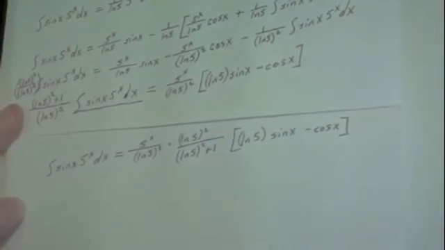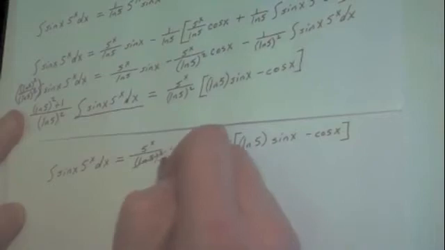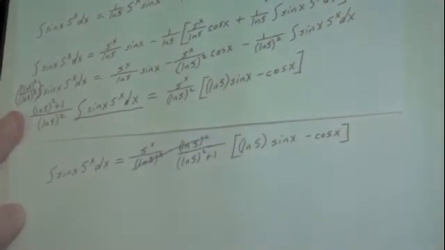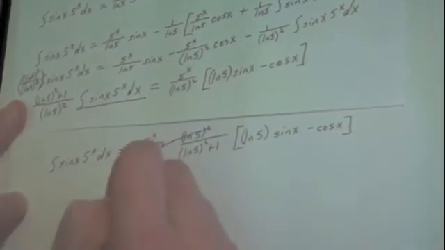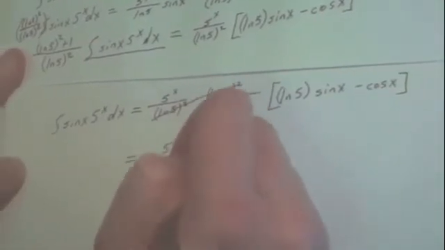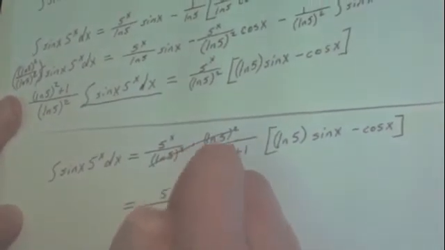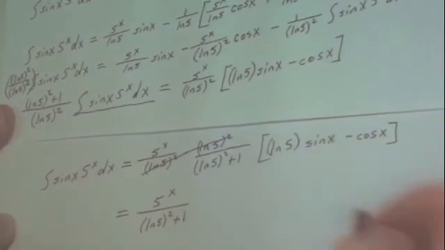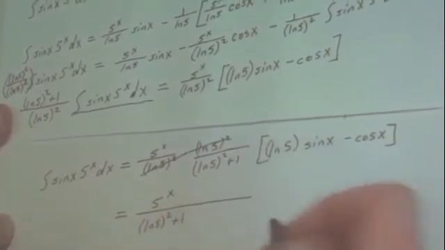So now you see algebraically the natural log of 5 quantity squareds cancel, and your fully factored final form of the fantastic answer is 5 to the x over natural log of 5 quantity squared plus 1 times the group. Oh, and I think I'm just going to put that group in the numerator.